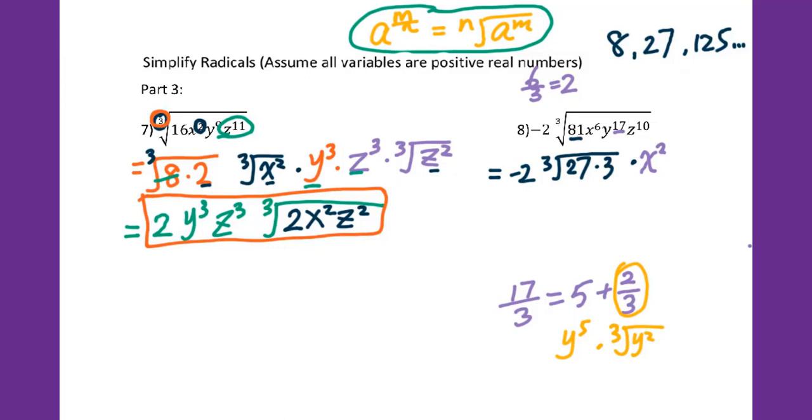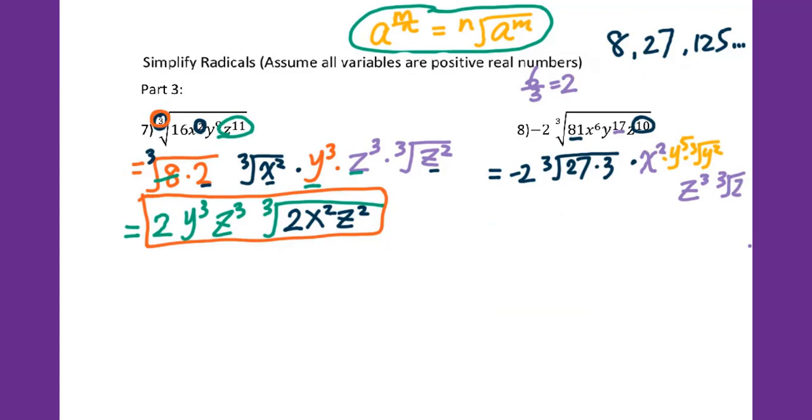So you will get y to the 5th power times the cubic root of y squared. Now let's go to this z. The exponent is 10. Therefore, 10 divided by 3, you will get 3 plus 1 over 3. For this 3, you will get z to the 3rd power. For this 1/3 power means cubic root of z.